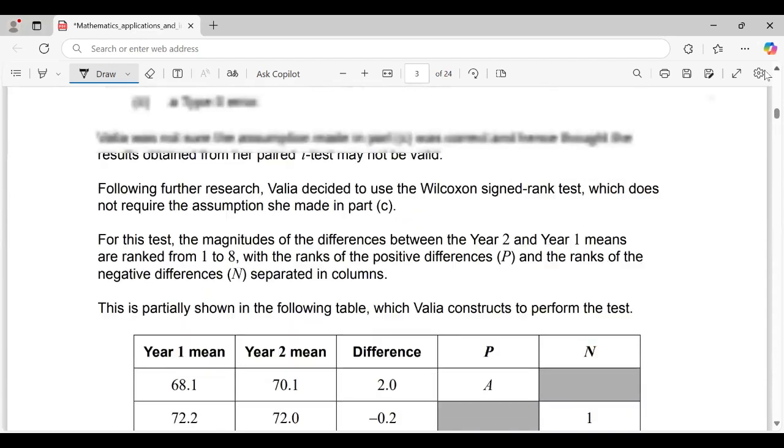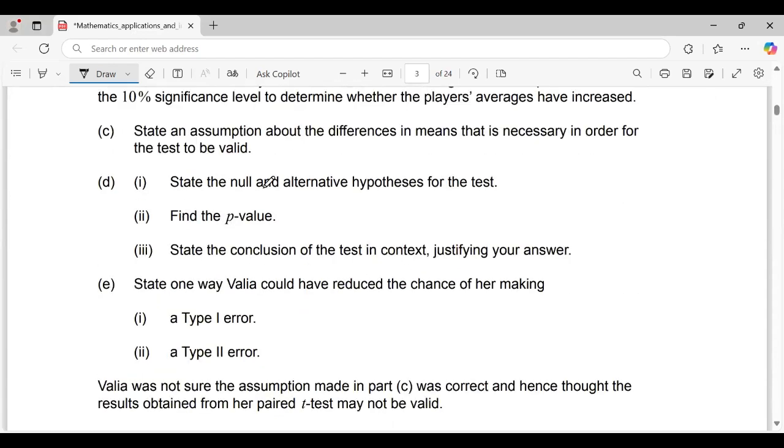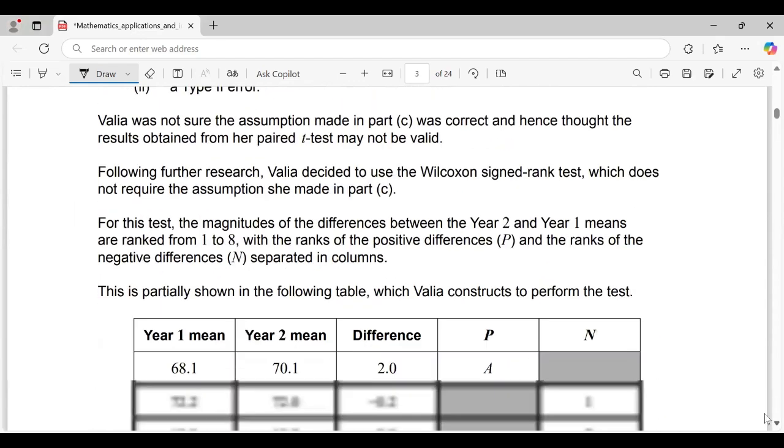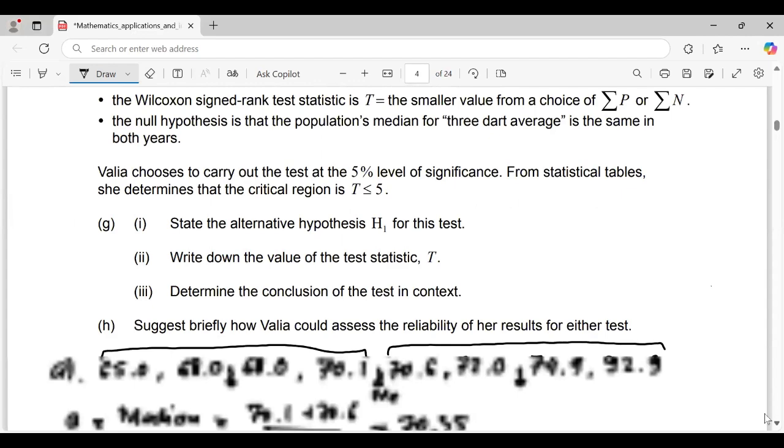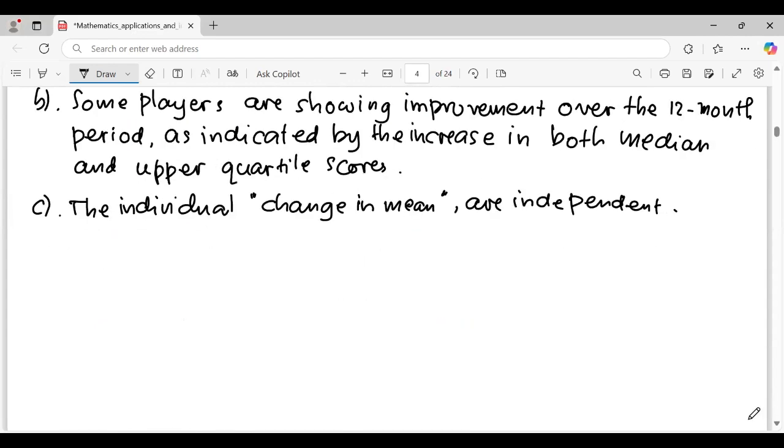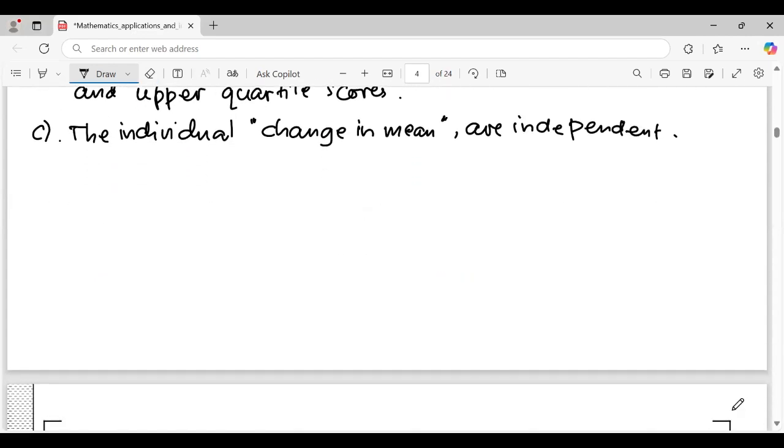D, state the null and alternative hypothesis for the test. Find the p-value, state the conclusions of the test in context, justifying your answer. Okay, the null hypothesis and the alternative hypothesis.